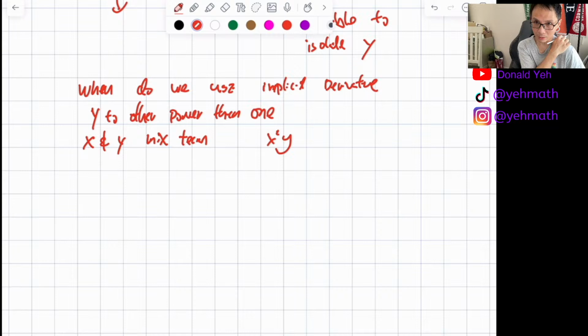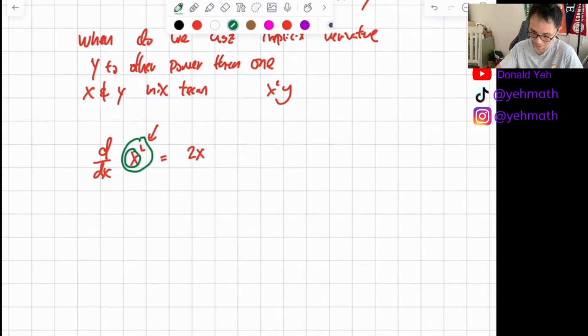The first bubble is going to be 2x to the first power. And then we take a derivative of the chain rule. The chain rule is going to be x, take the derivative with respect to x, which is dx over dx. We usually don't write this down because we know dx over dx is going to be 1.